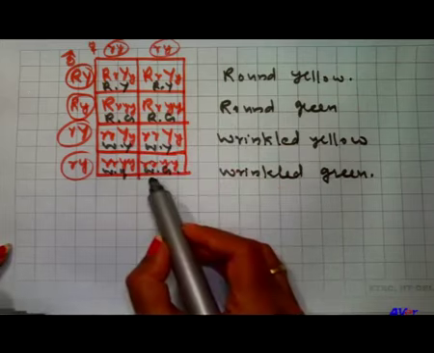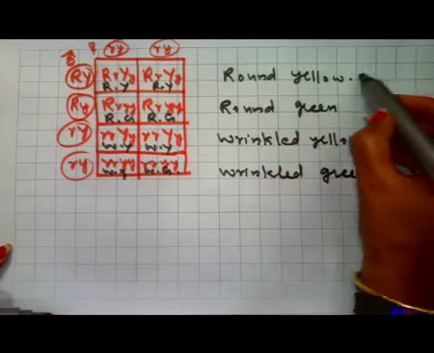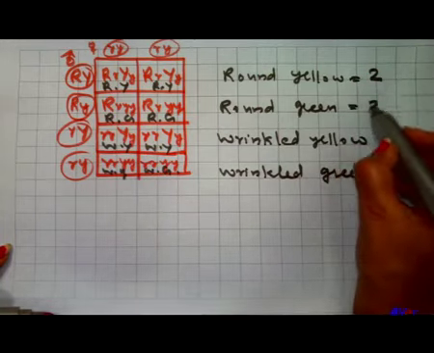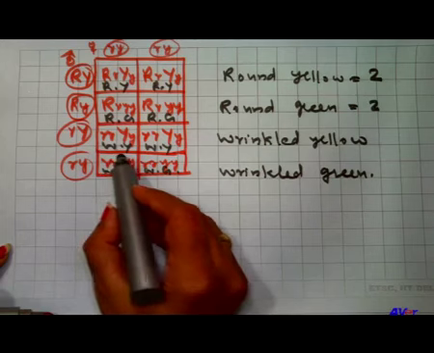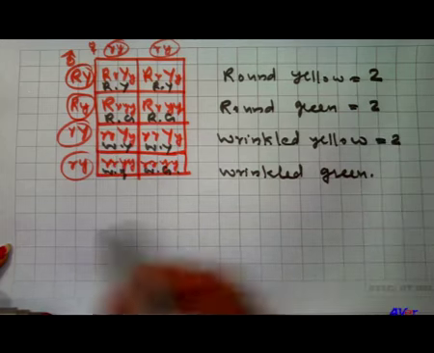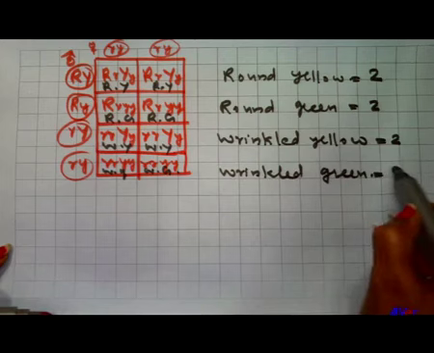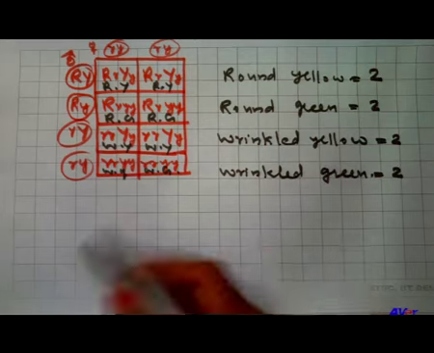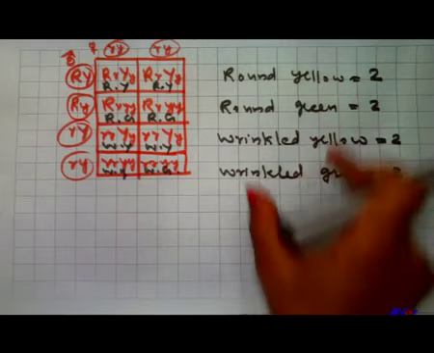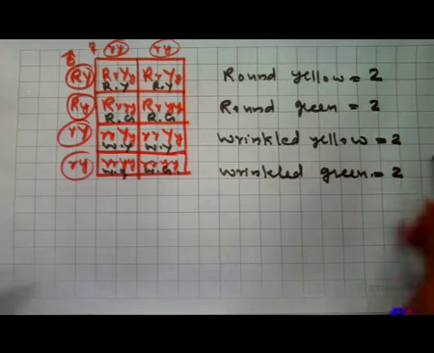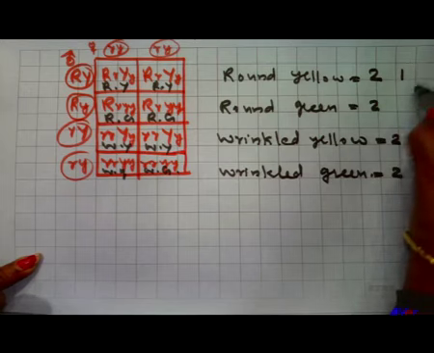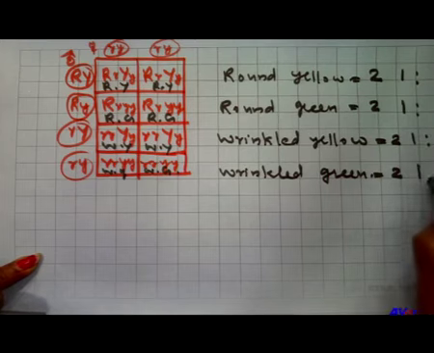Now, count the numbers: round yellow 2, round green again 2, wrinkled yellow 2, and wrinkled green is also 2. What does it mean? All the progenies are appearing in equal proportion, that is, in a 1:1:1:1 ratio.